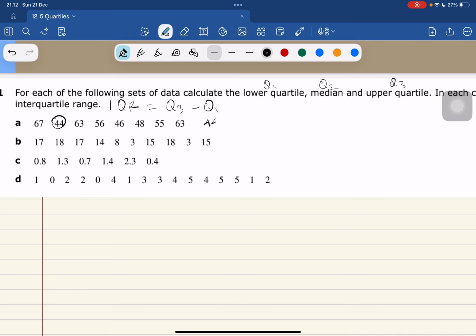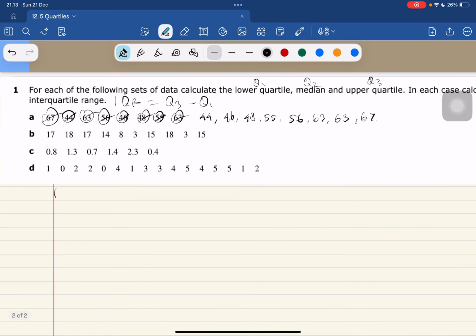After 44 we have 46, 48, and then 55, 56, 55, and 56. Then we have 63 twice, and then 67. Okay, let's start with A first.